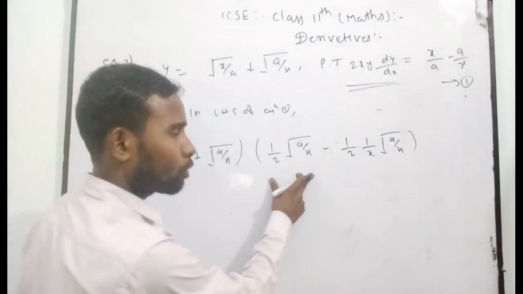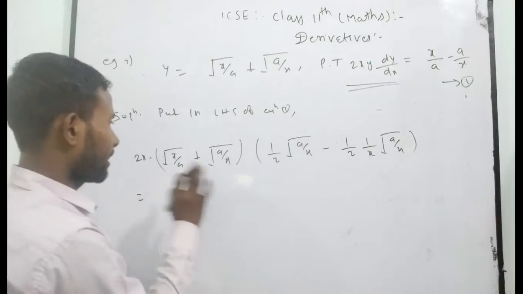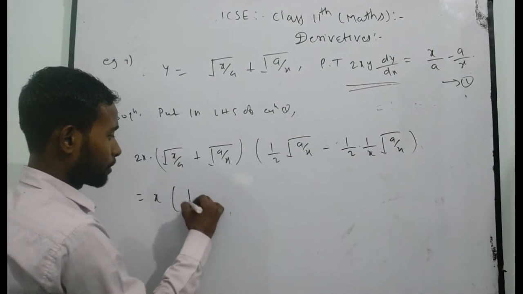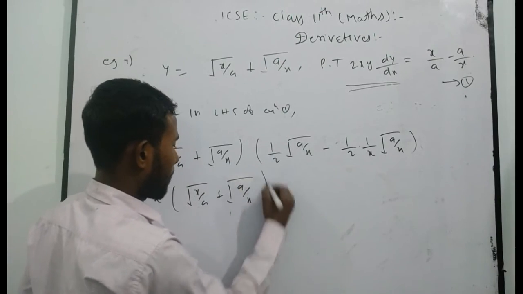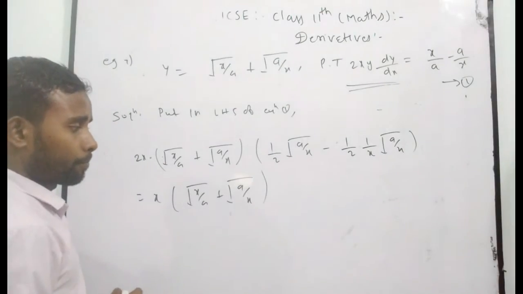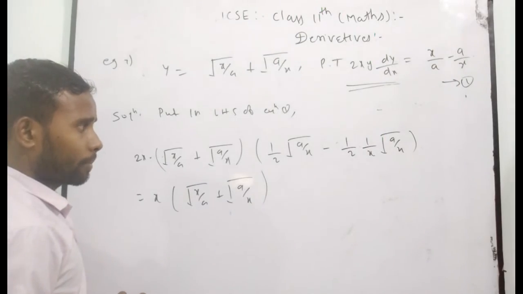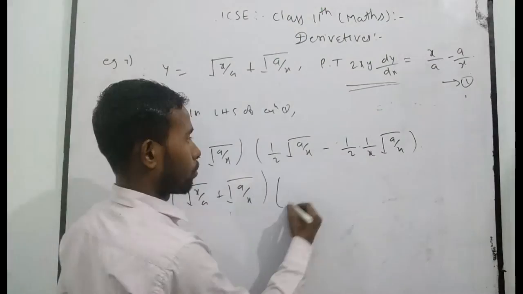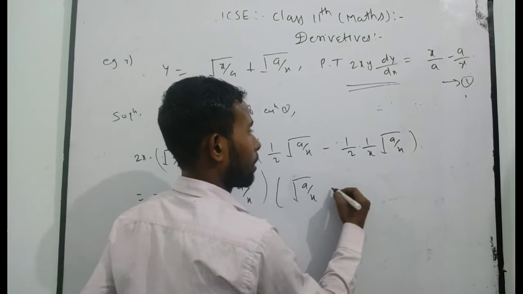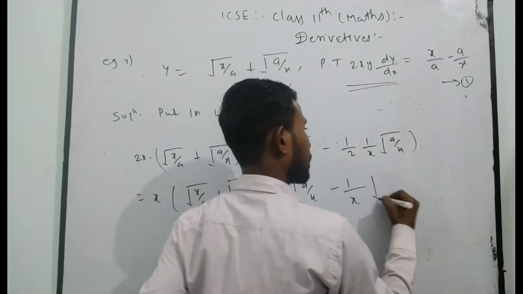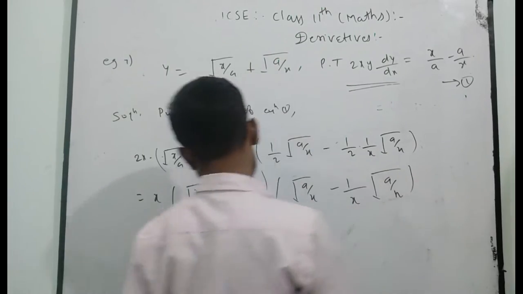If you take 1 upon 2 common, in that case 2 and 2 cancel, and simply you get x times root under x by a plus root under a by x, root under a by x minus 1 upon x into root under a by x. Now you have to multiply.